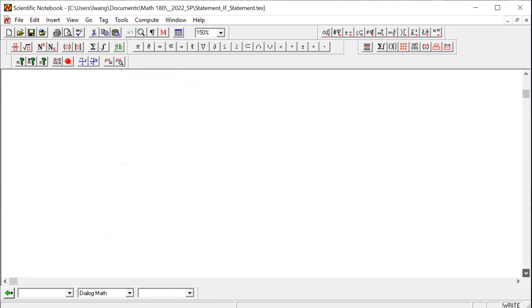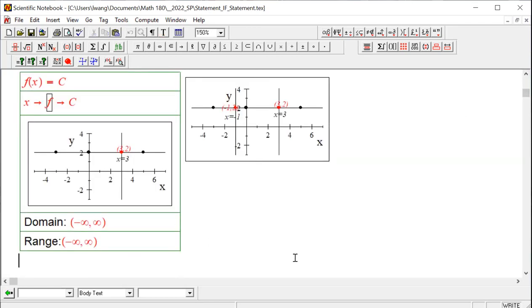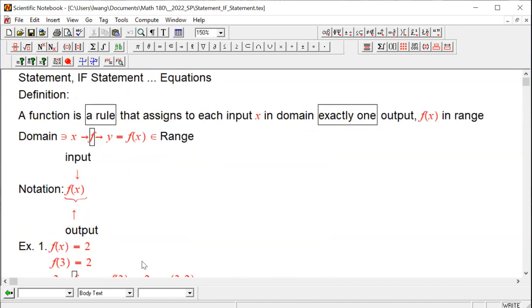So let's look at another example. Example number 2. When input is given, because we talked about the function having three pieces, input is one category, output is another category, and the rule is the third category.